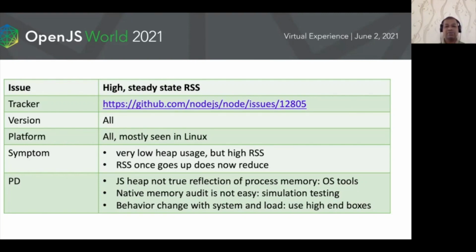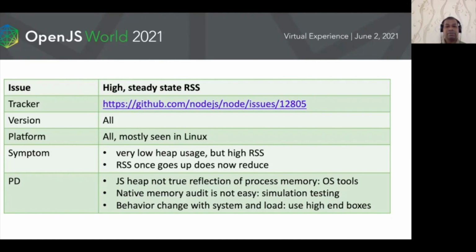I stress the words supposed to be because that's the whole essence of the issue at hand, and we will see why. So the issue was manifested in the form of a high and steady RSS size in the Node.js process, reported by many users with a similar symptom, as they all were seeing very low heap usage but very high RSS.